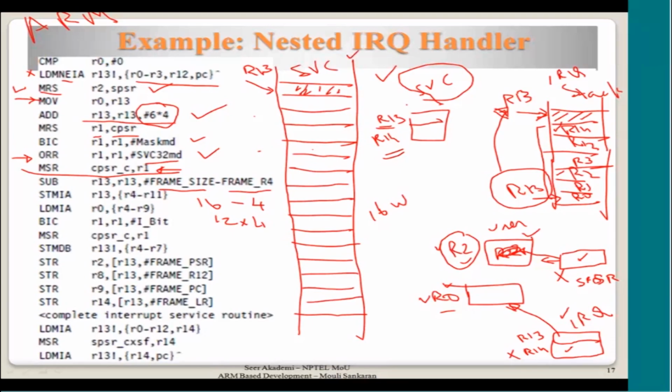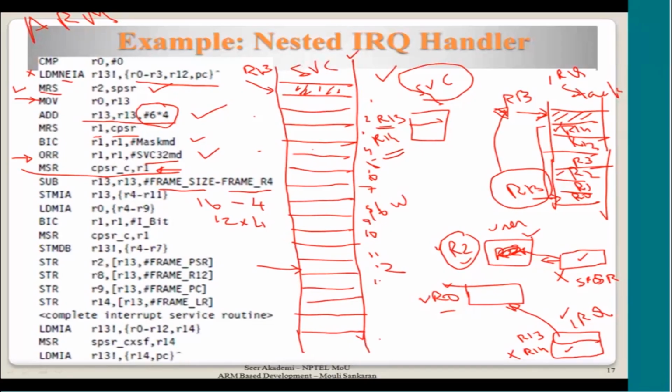So this is 1, 2, 3, 4, 5, 6, 7, 8, 9, 10, 11, 12. I said we are subtracting 12 into 4, so it will come here, and then we need 4 more later on. That is the total size 16.